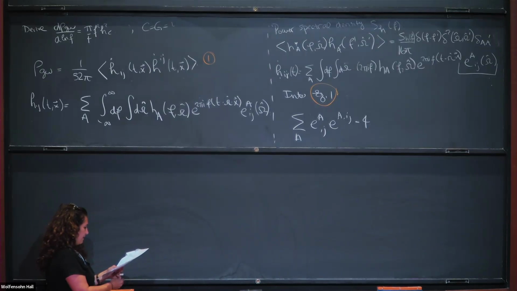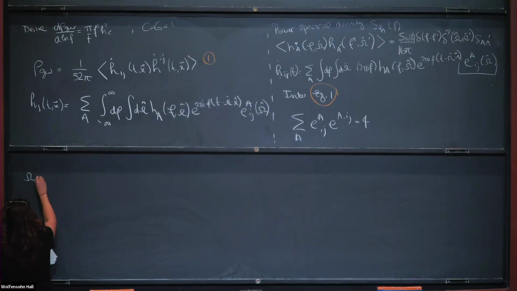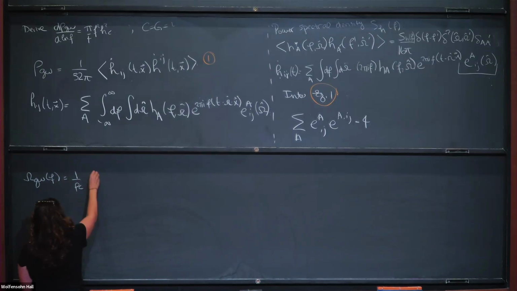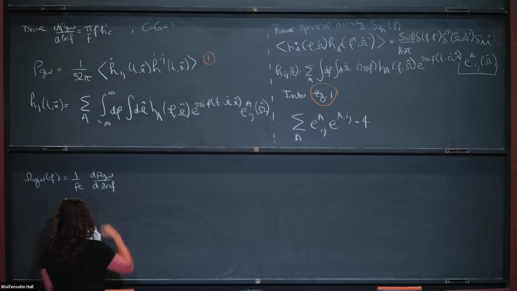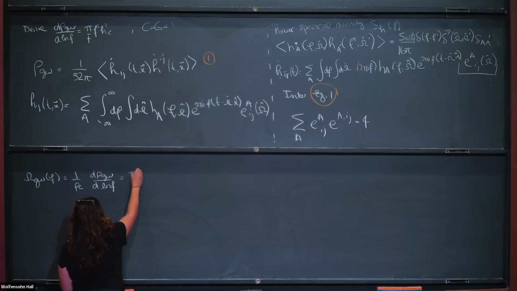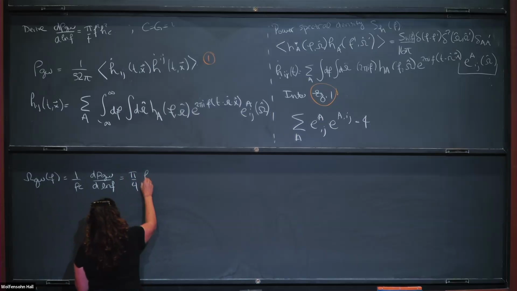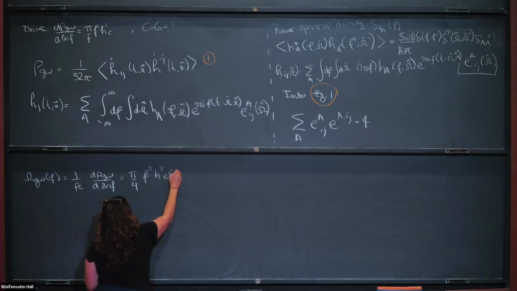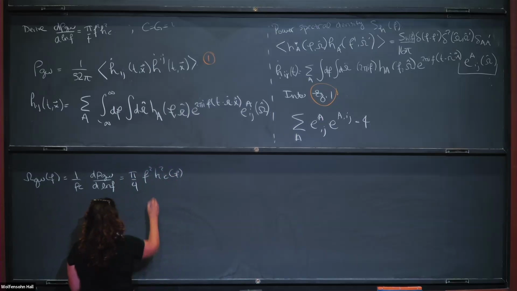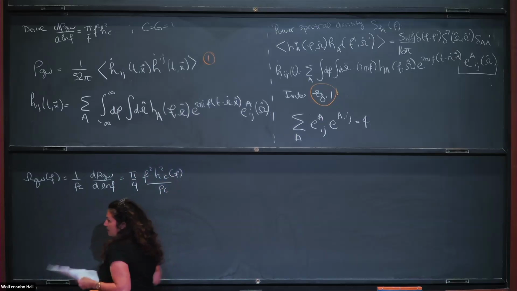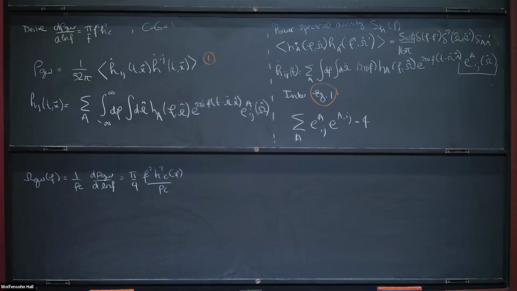So now that we have that part, we can write down Omega_GW of f is 1 over rho_c times d rho_GW by d log f. And we just saw that that's equal to pi over 4 times f squared h_c squared of f over rho_c, right, where rho_c is defined here.